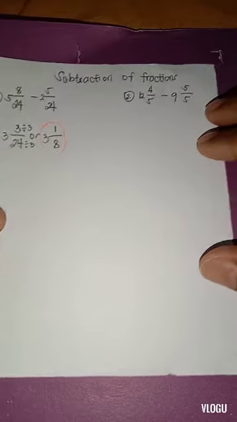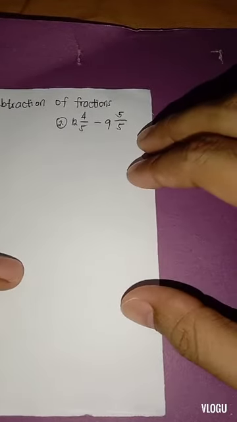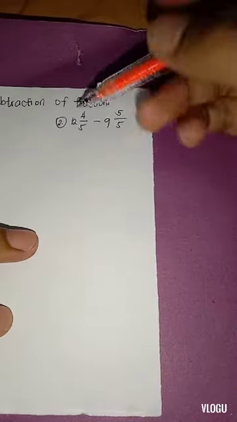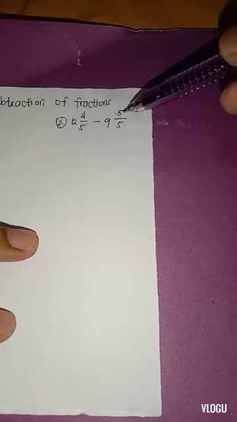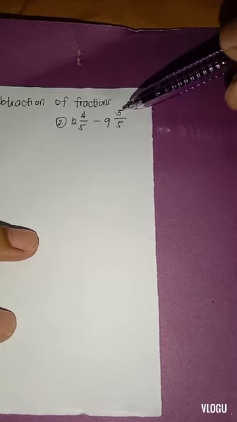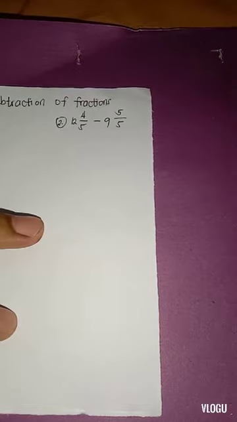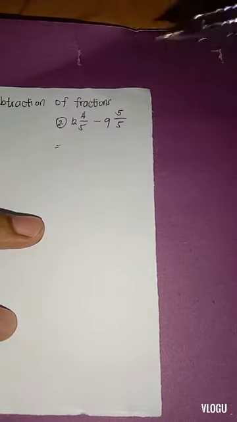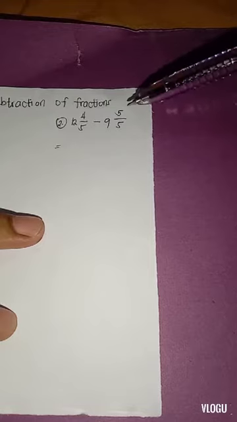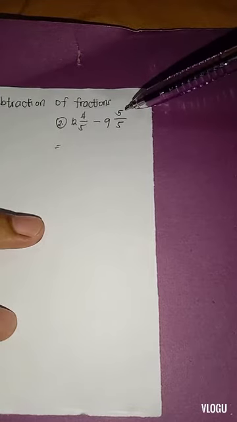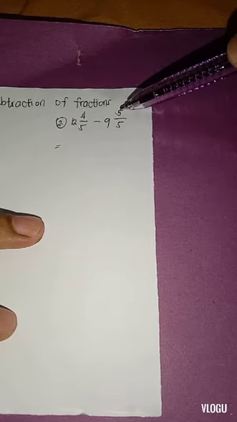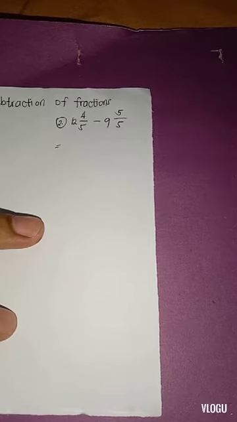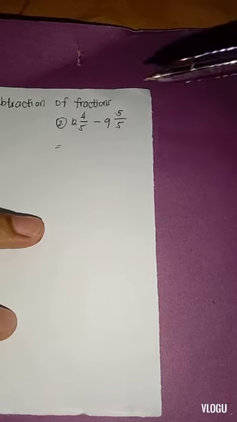Okay. So another example. So I have here 12 and 4 over 5 minus 9 and 5 over 5. So in this case, if you notice, what we call this is the subtrahend, or minuend rather.